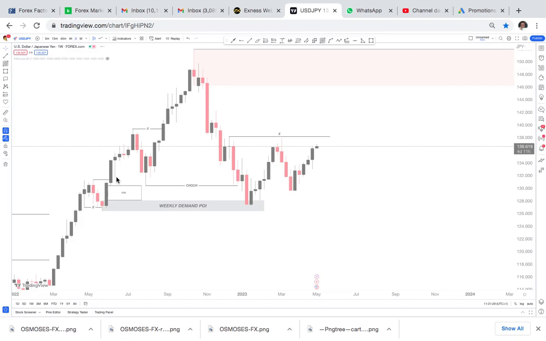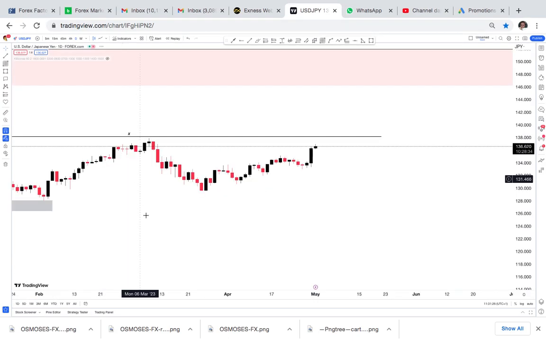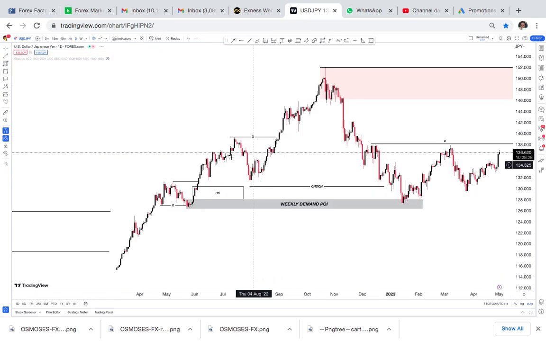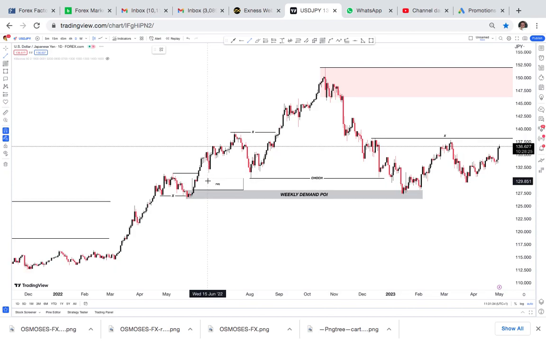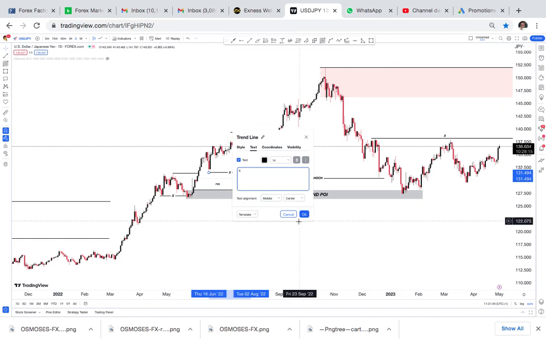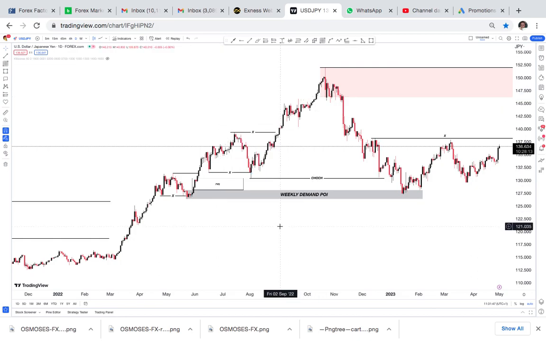But also this could be categorized as a demand though. This zone could be categorized as a demand, but we have another one beneath it. So yes, this is not clear here that there's a low that was taken here. So this also could be categorized as a demand, but price picked up the one below extreme.